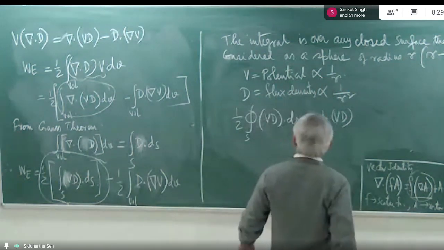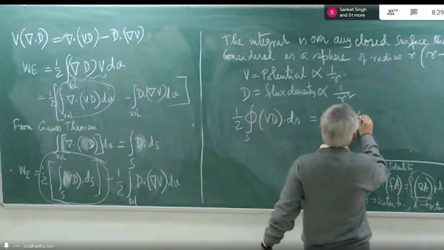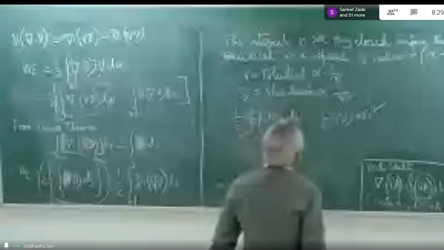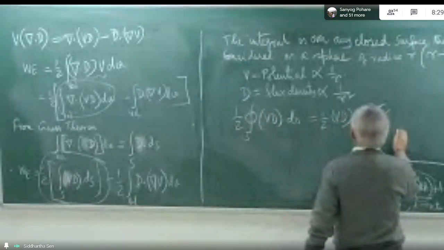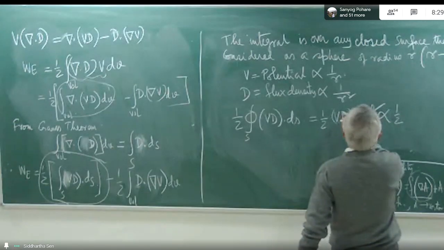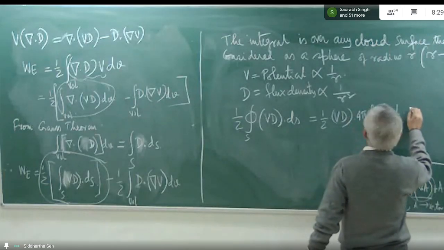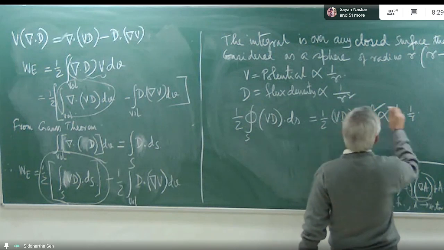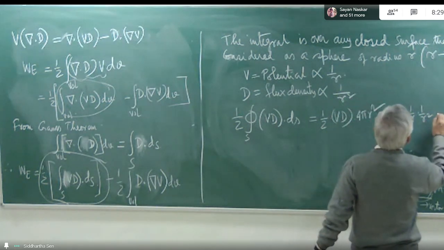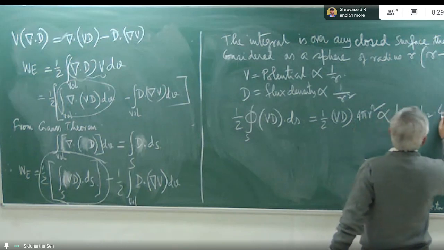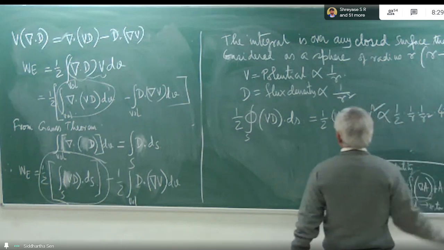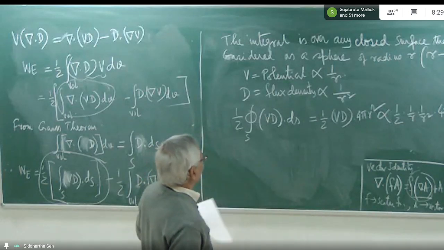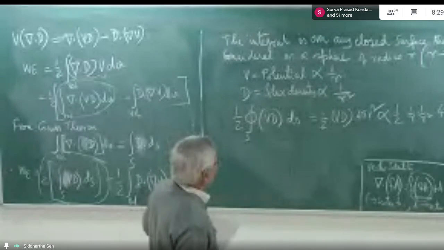So what is the total surface area? It is 4 pi r square. And I can also write this is proportional to half of, what is V proportional to? 1 by r. What is D proportional to? 1 by r square, and this one into 4 pi r square. Agreed? I am just giving you a very simplistic approach for doing that.